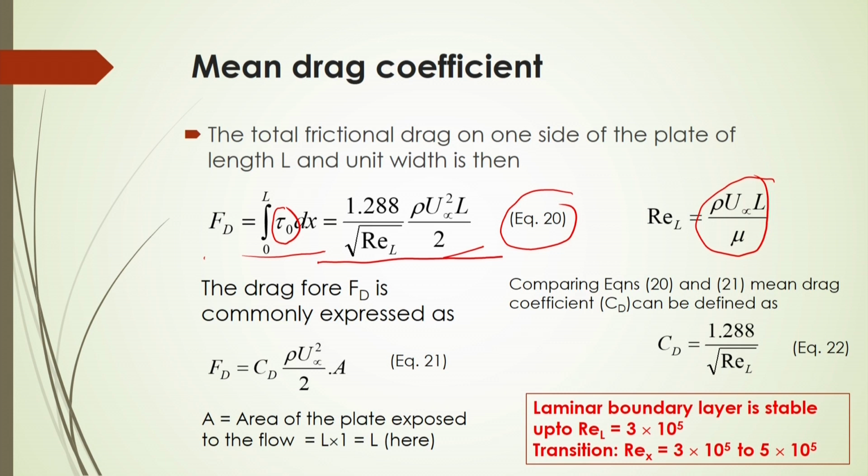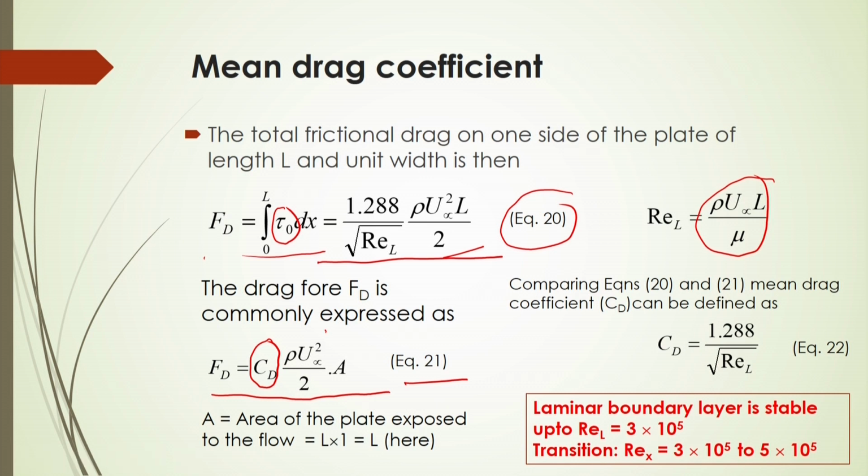Now, this drag force is generally expressed by equation number 21, again related to the cross-sectional area and the kinetic energy of the flow. So F d will be equal to C d into rho u infinity square by 2 into A. Here C d is again a proportionality constant, called the mean drag coefficient.